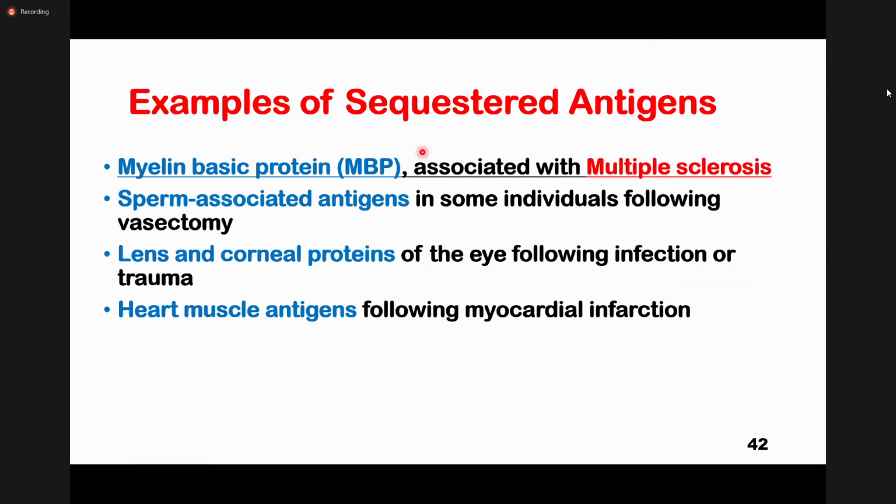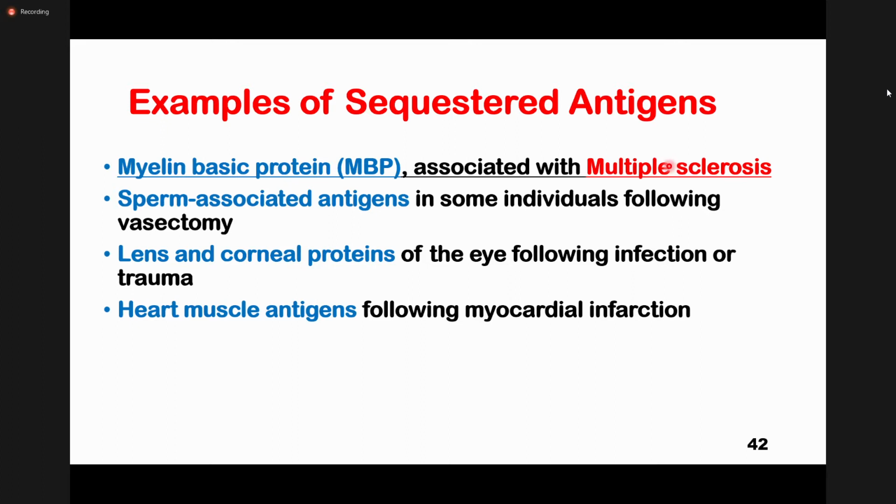There are a number of examples. One good example is myelin basic protein in the myelin sheath, a protein that is associated with multiple sclerosis. I think in your slides it might be MS. This is one good example of a sequestered antigen.